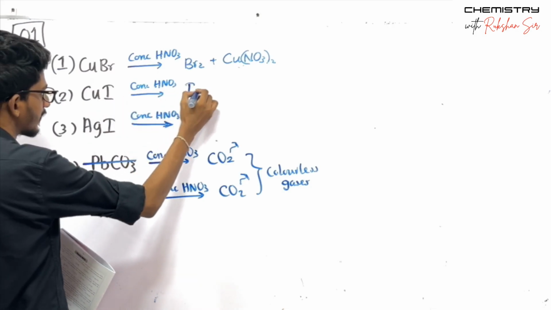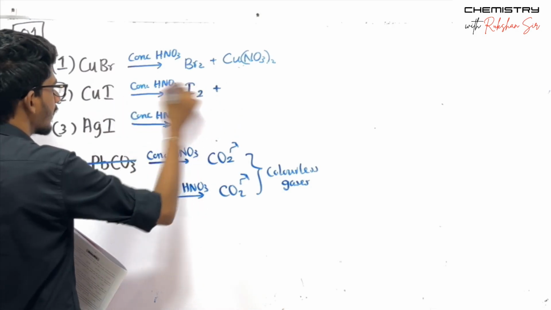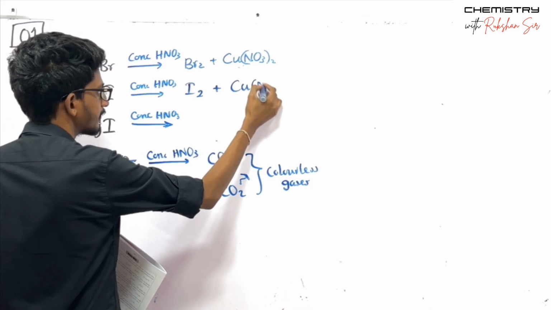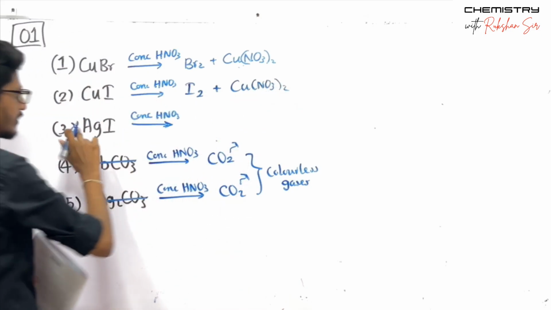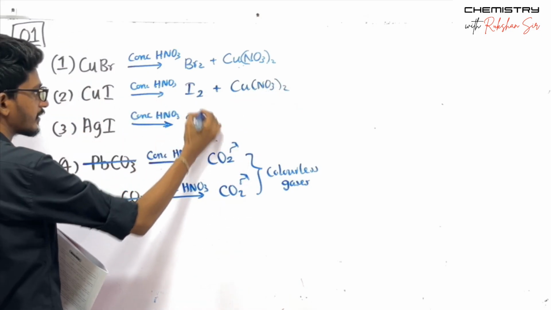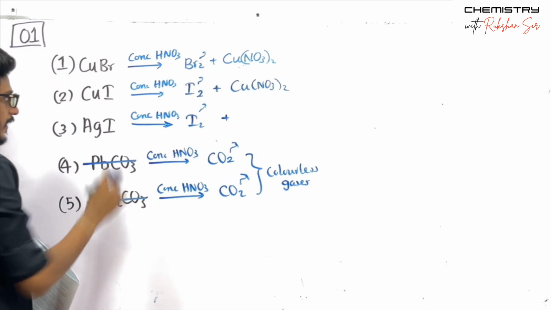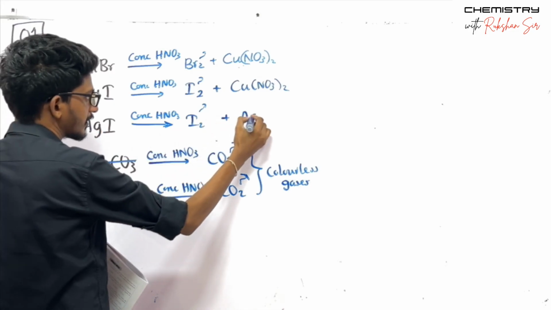With this one, I2 gas will be released with copper nitrate, and with this one, I2 gas will be released with silver nitrate.